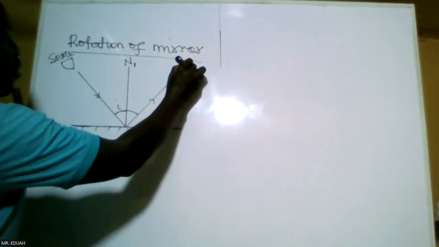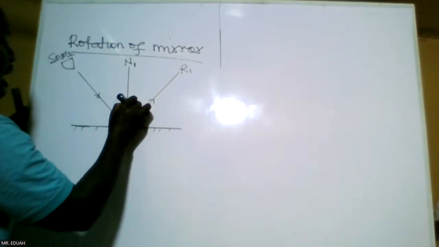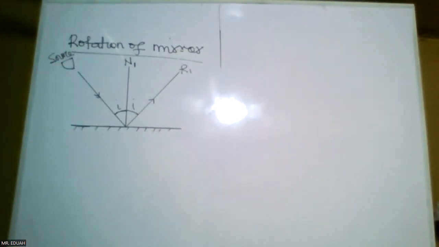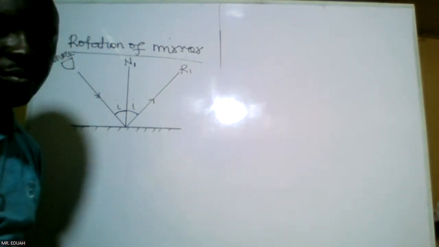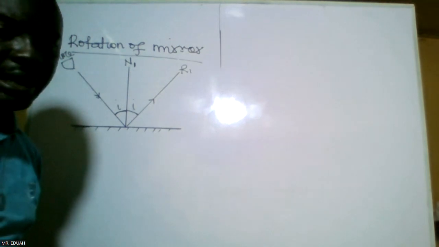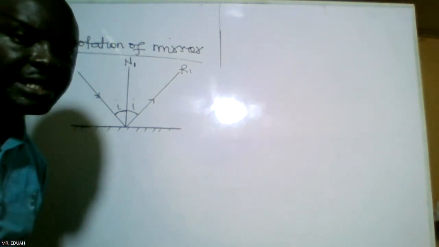I'll call it R1. Angle of incidence equals angle of reflection, so that is also I, because they have the same value.